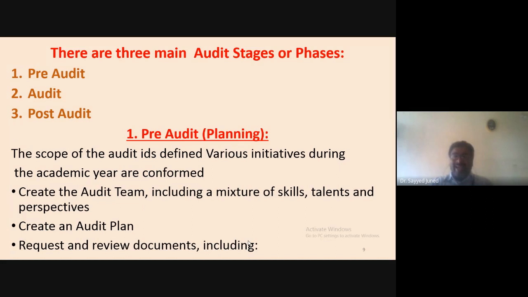Okay, in this we create the audit team. First, we have to prepare the performance of this audit report. We need some ethics or some procedure to evaluate it, for the committee organization for conducting the reports. That is, create the audit team, including a mixture of skill, talent, and perspective. In the audit team, we have to consider the head of the botany subject, teachers, or environmental science teachers, with the head and others under them.